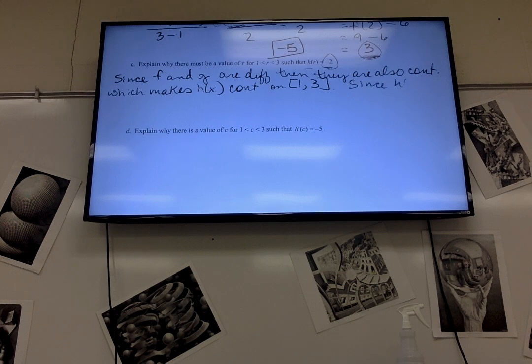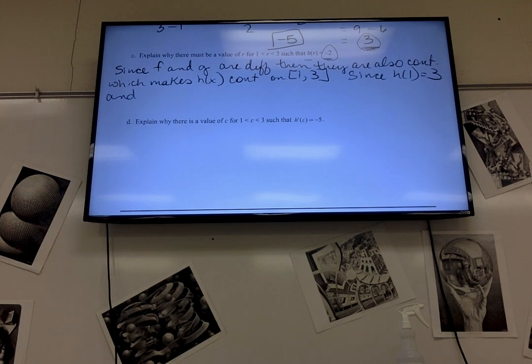Then, since h of 1 is 3, and h of 3 is -7, then h of r, which is -2, is between h of 1 and h of 3.